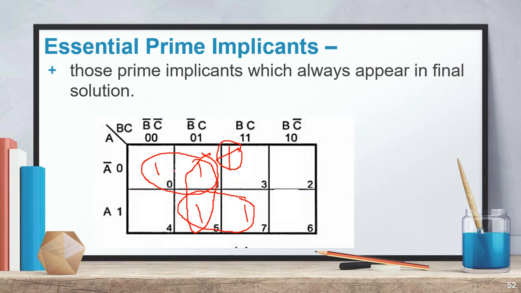So this group is removed from the essential ones, and we have only two particular groups as essential prime implicants. In a simple way, those prime implicants always appear in the final solution. That means according to the Kmap rules, the overlap rules and other rules, whichever group we consider is what we call an essential prime implicant. It is a subgroup of the prime implicants.